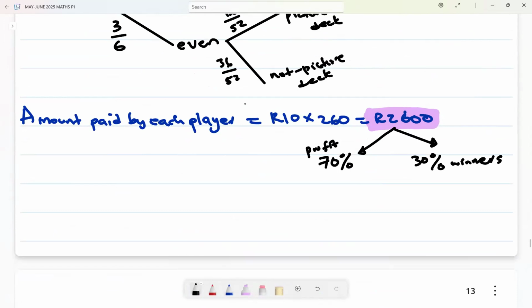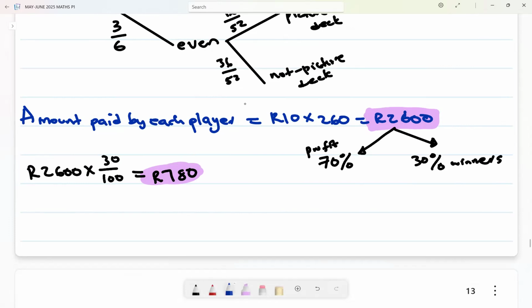So it means the winners will share 30% of this amount. 30% of that amount is 780. So this is the amount that the winners will share.